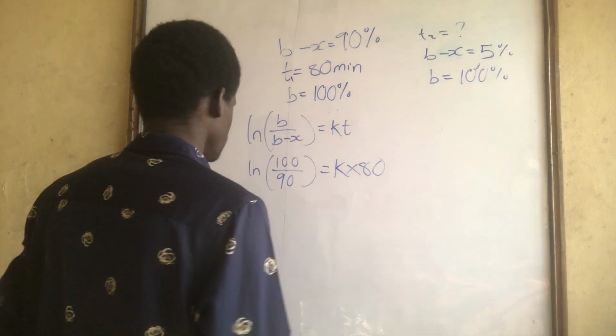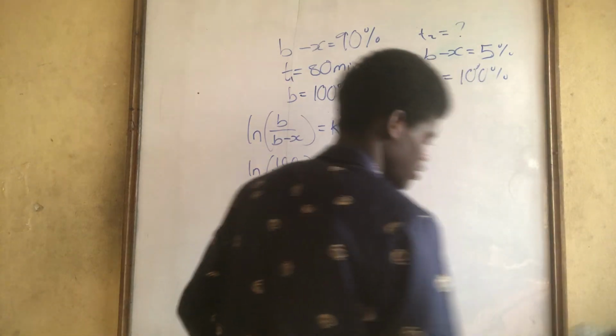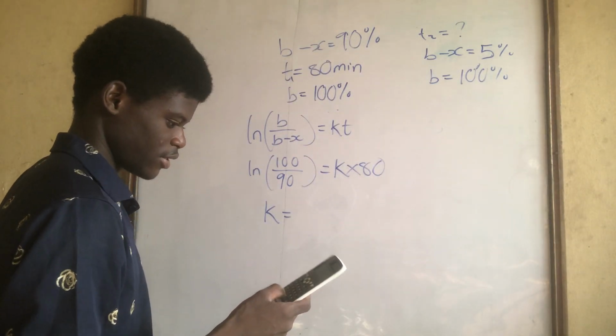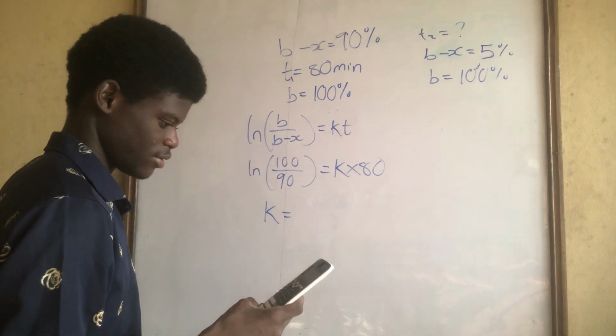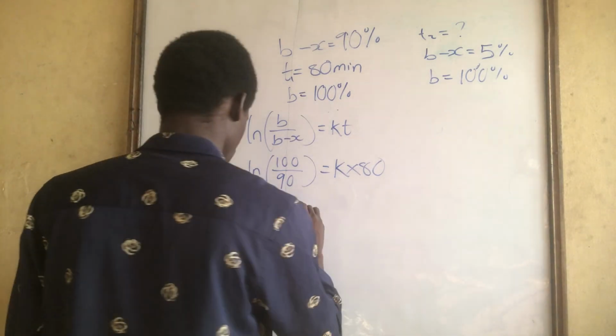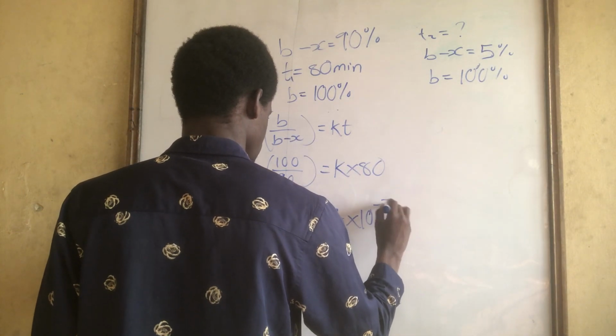So let's just look for K directly, so we don't waste a lot of time. ln 100 divided by 90, all divided by 80. So we got our rate constant to be 1.317 times 10 raised to the power minus 3.